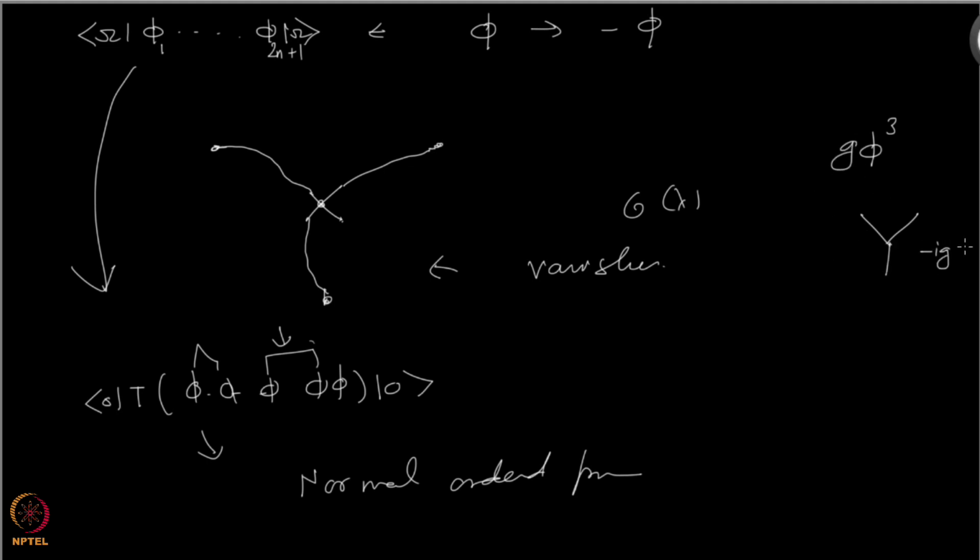In that theory you can construct Green's functions with an odd number of external lines or external points, because you can then connect them. This is not vanishing, this is fine. I will ask you to convince yourself that this is a consequence of the symmetry which you are seeing here.